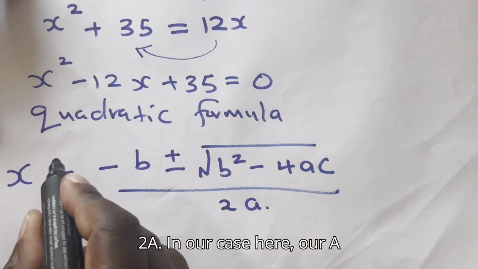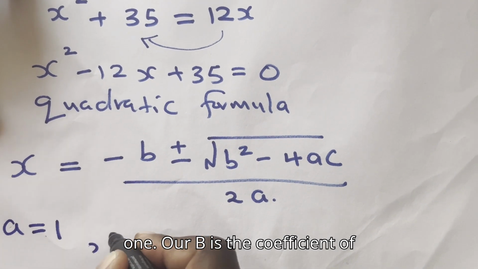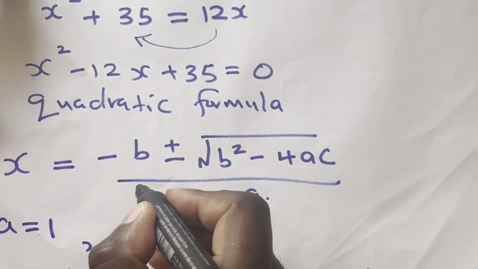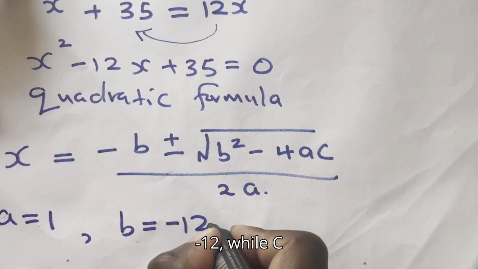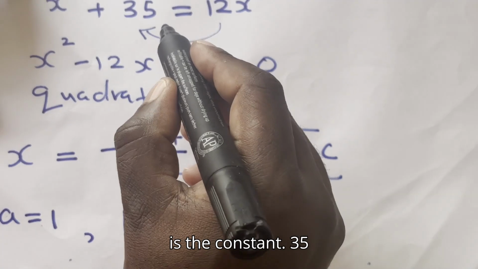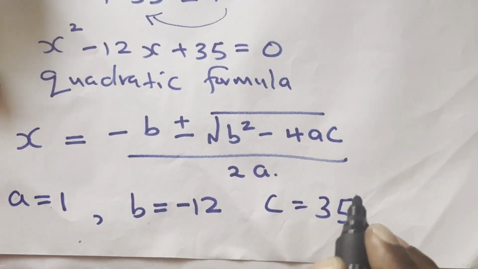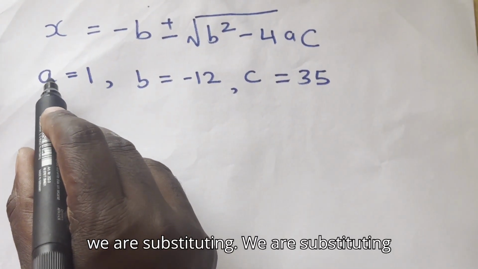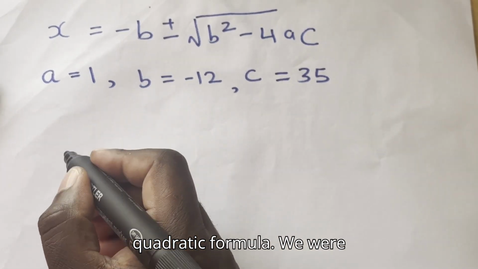In our case here, our a is the coefficient of x squared, so that is 1. Our b is the coefficient of x, and that is minus 12, while c is the constant 35. So we are substituting the values of a, b, and c into the quadratic formula.